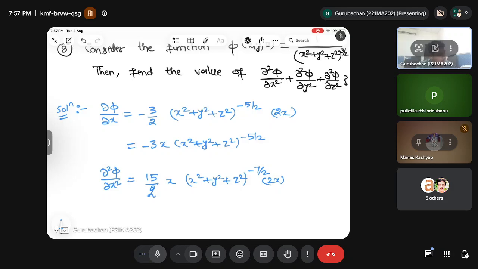This will be minus 3 times (x square plus y square plus z square). Write it in the next line.